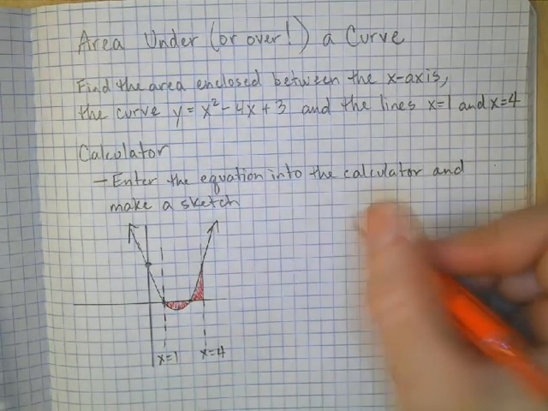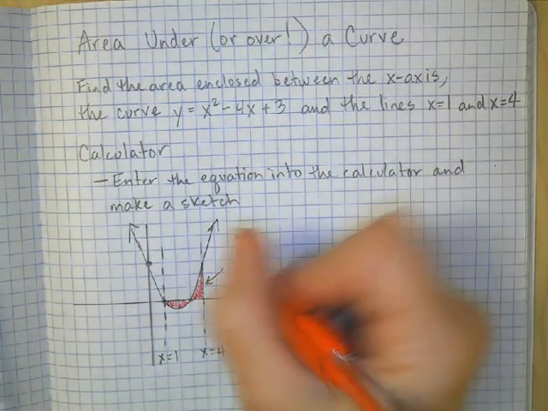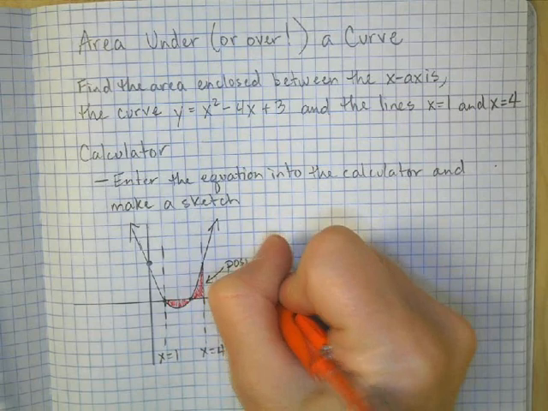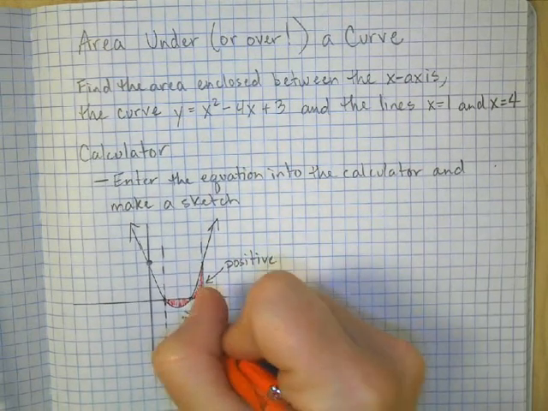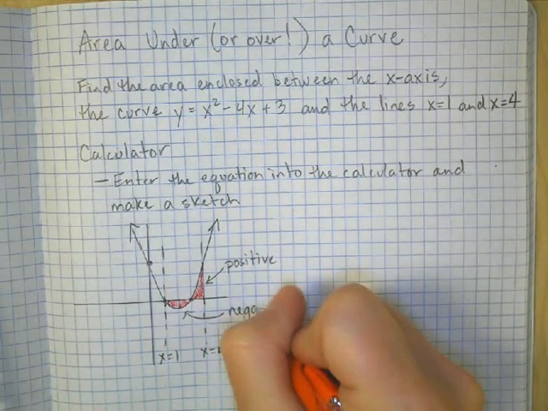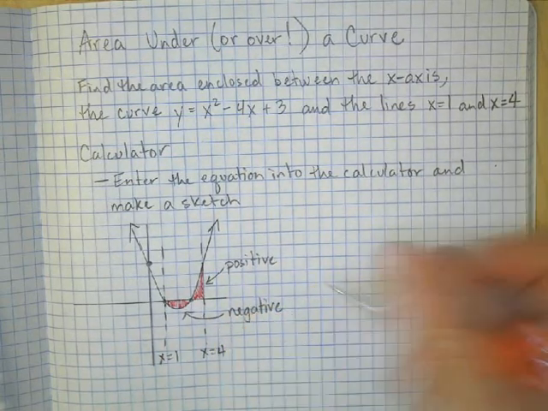Okay, so this is going to give us positive, but this down here would give us a negative area. Okay, so that's what we're looking for.